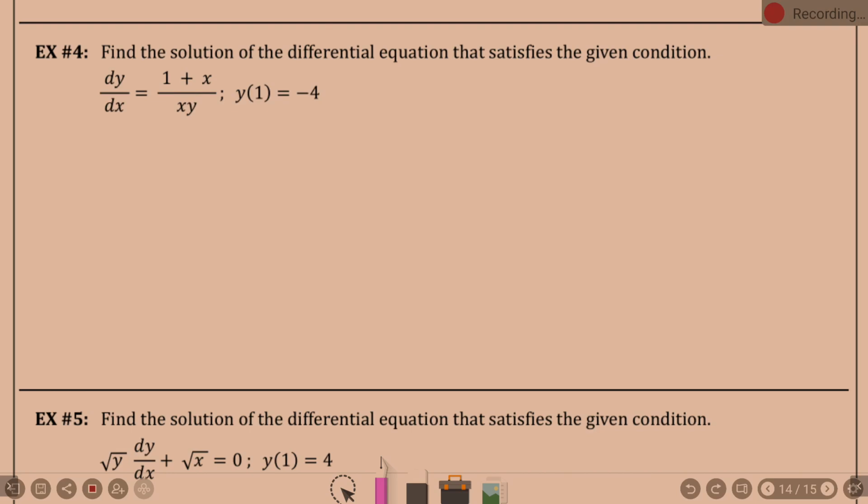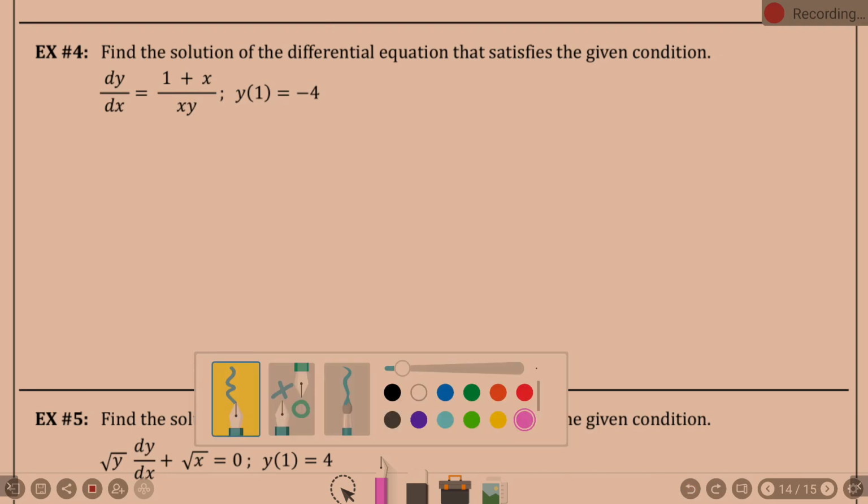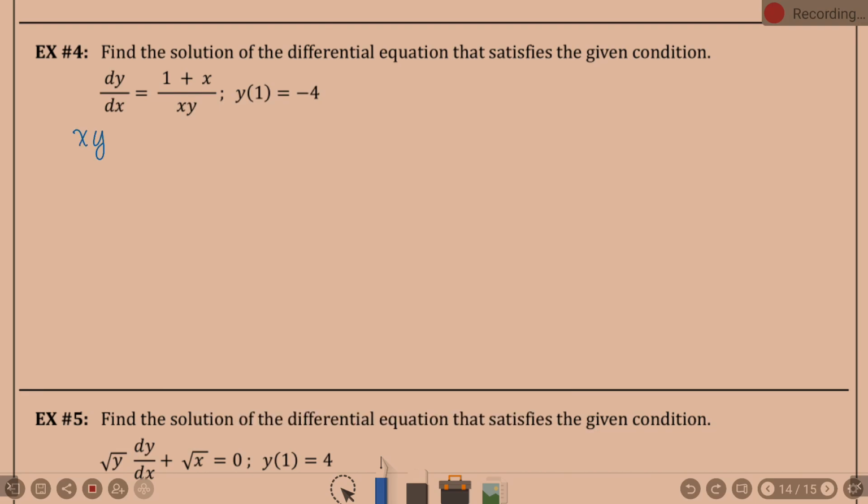There's an x, y together, but I would start with, let's multiply your denominators away. So multiply the dx to the right and the xy to the left. Is that okay? So then I'm going to have xy dy equals 1 plus x dx.